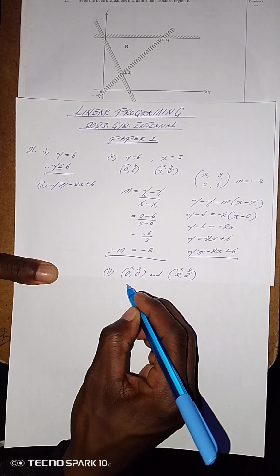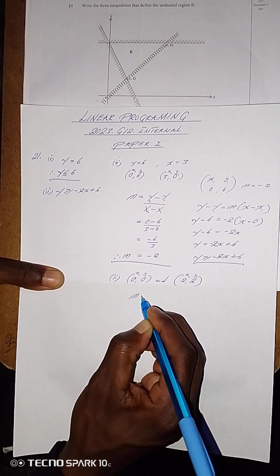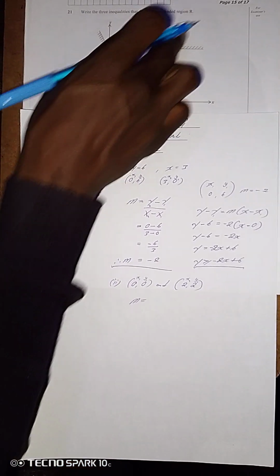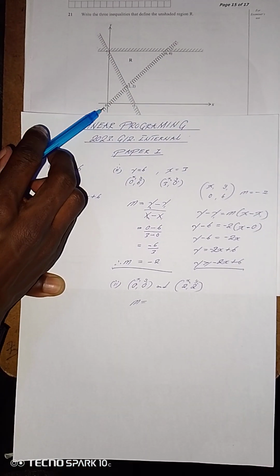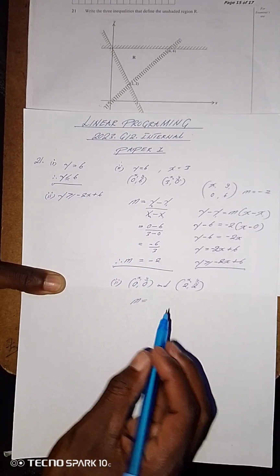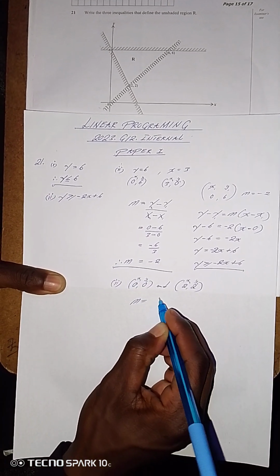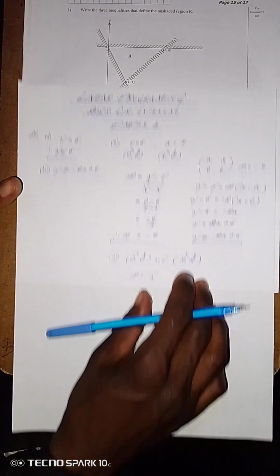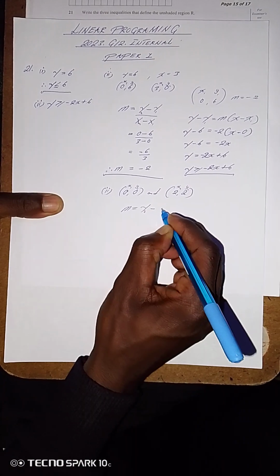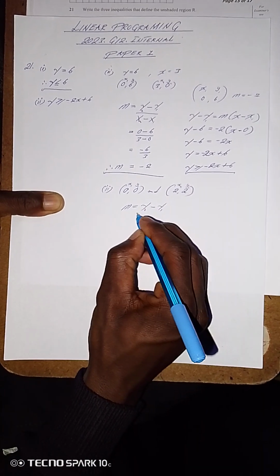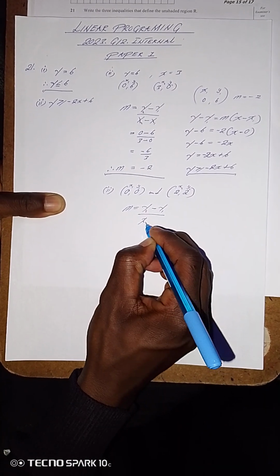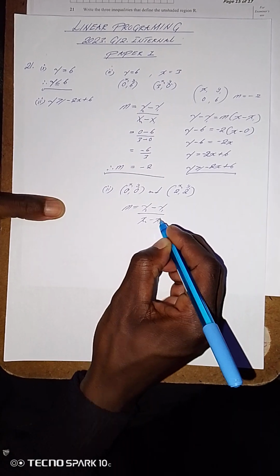So now let's find the gradient also. Since the line is diagonal, when you see the diagonal line or the line which cuts two axes, then you find the gradient. So y2 minus y1 over x2 minus x1.